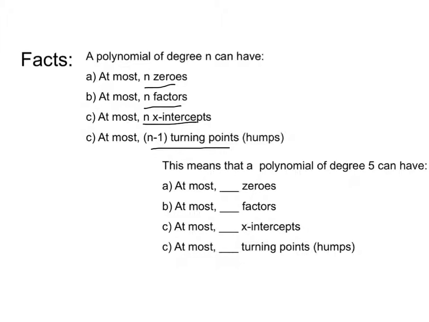So what this means is that a polynomial of degree 5 can have at most 5 zeros, that is 5 factors, 5 x-intercepts, and at most 4 turning points. And so that's how all of that relates together.